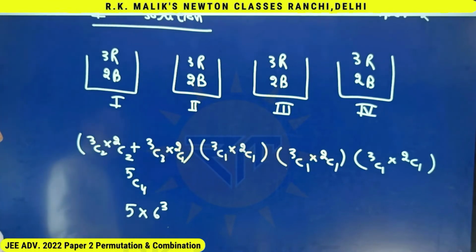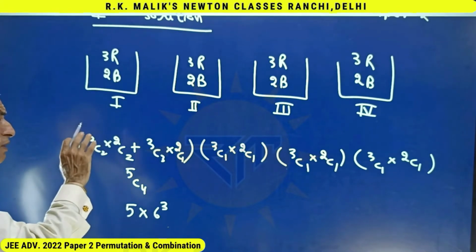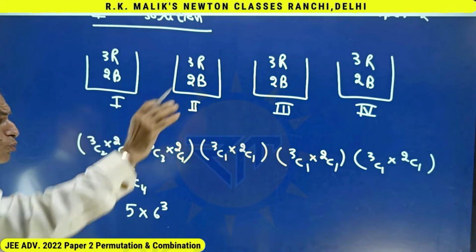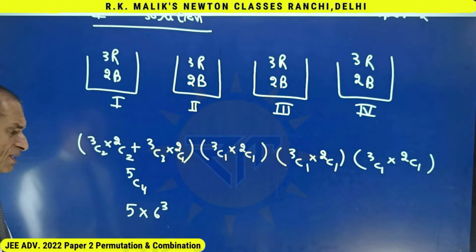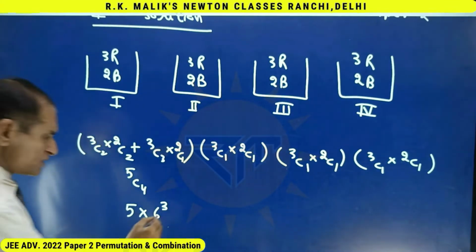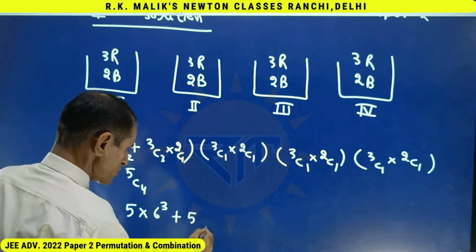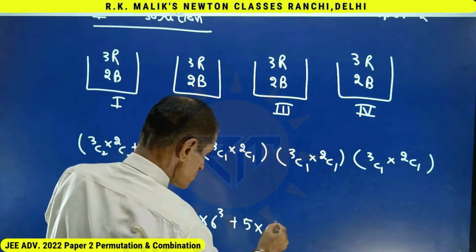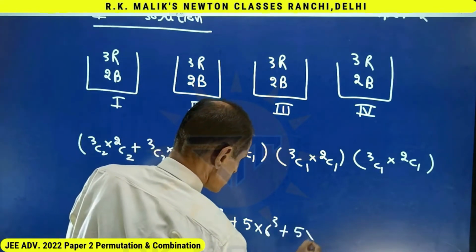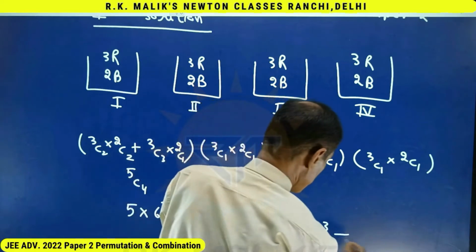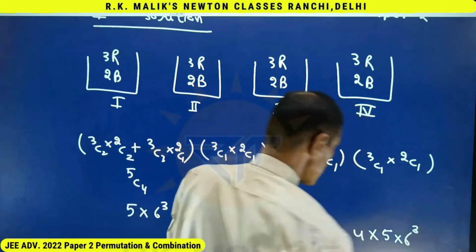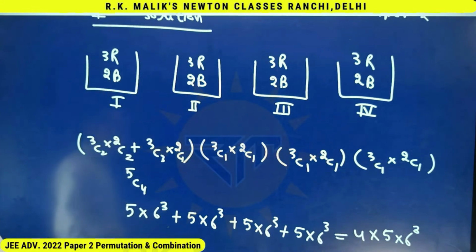Therefore the total number of ways of choosing 10 balls, such that 4 balls have come from one of these bags and 2 balls have come from the remaining 3 bags, will be this plus, that is 4 into 5 into 6 cube number of ways.